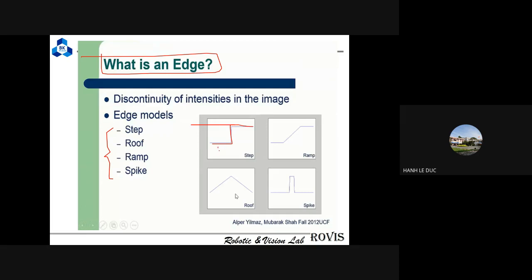For example, this is white color and this is black color, suddenly changing. This one is the step. This one is called the ramp. For example, this is white color and this is black color, and it changes from white to black, but not suddenly, just changing like a linear function. Another is the roof. They also cause the edge, and also the spike like this.